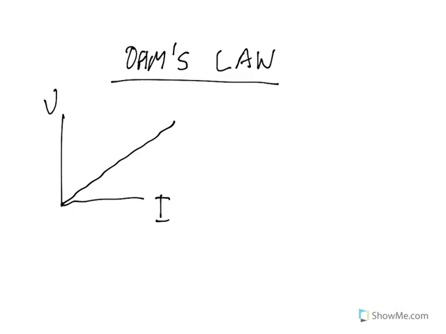What we could say from that is that as the current increases, so does the voltage. So from this we can say that the voltage is proportional to the current.